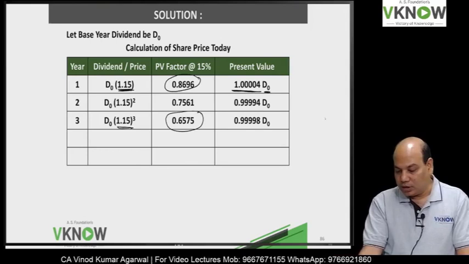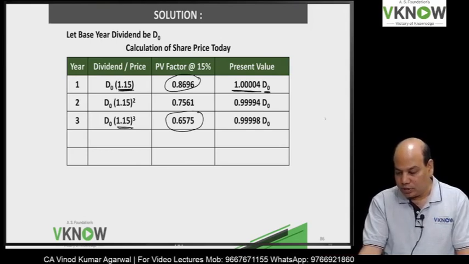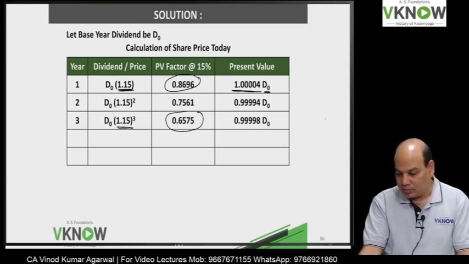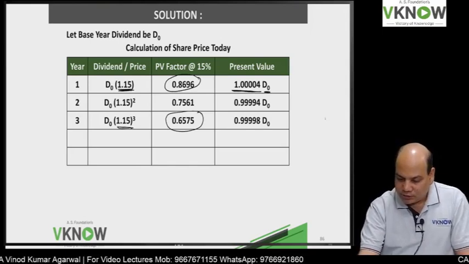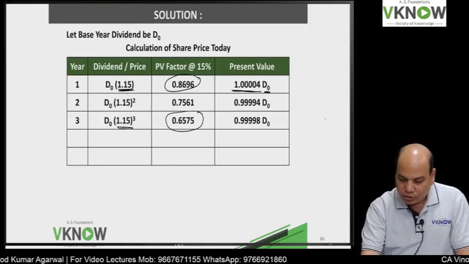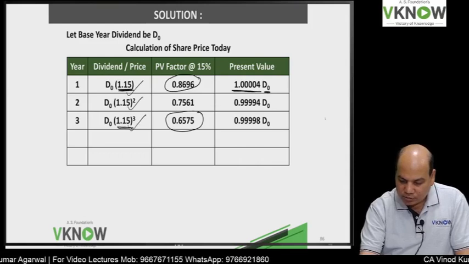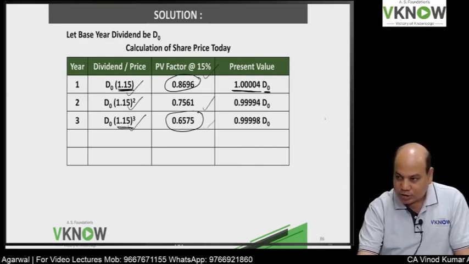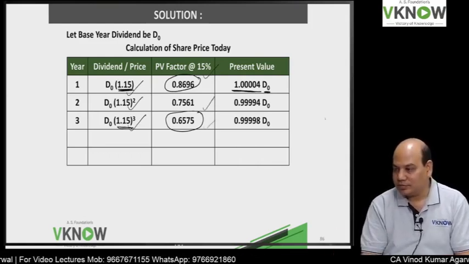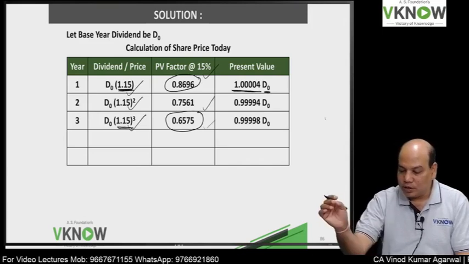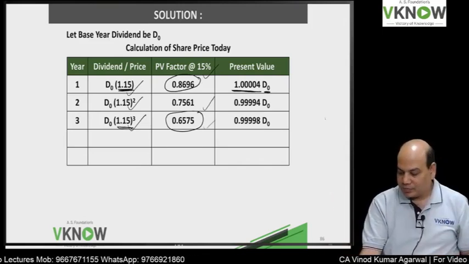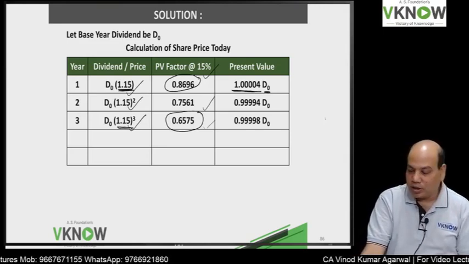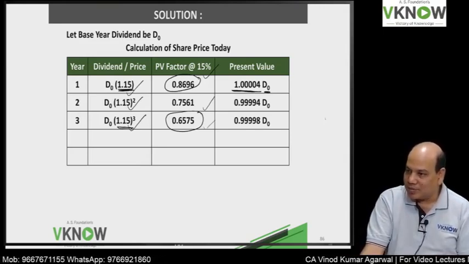You will get something like 0.99998. Why are you getting the same answer? The reason is, on one hand you are increasing by 15%, on the other hand you are discounting also by 15%. So actually it should have been 1, 1, 1 in all the 3 years. Is it right? Because you are discounting and compounding by the same 15%.